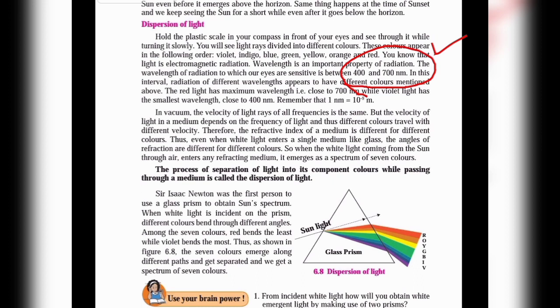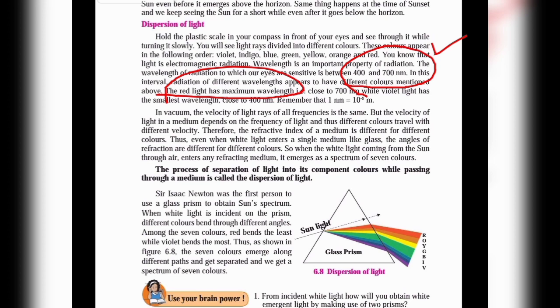In this range, radiation of different wavelengths appears to have the different colors mentioned above. The red light has maximum wavelength. Remember, which light has the maximum wavelength?